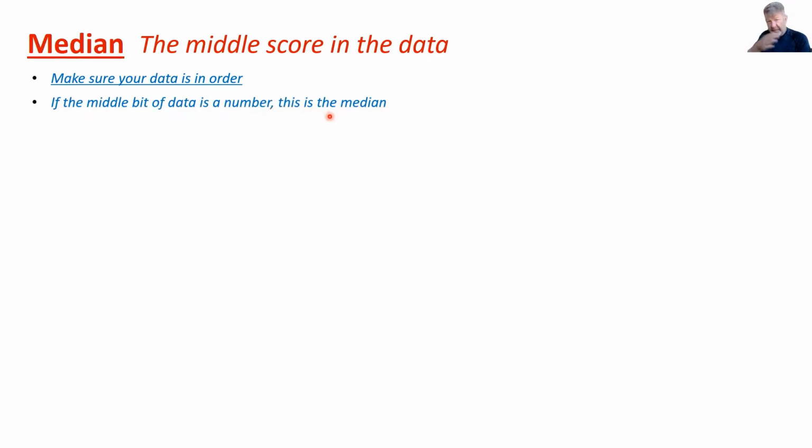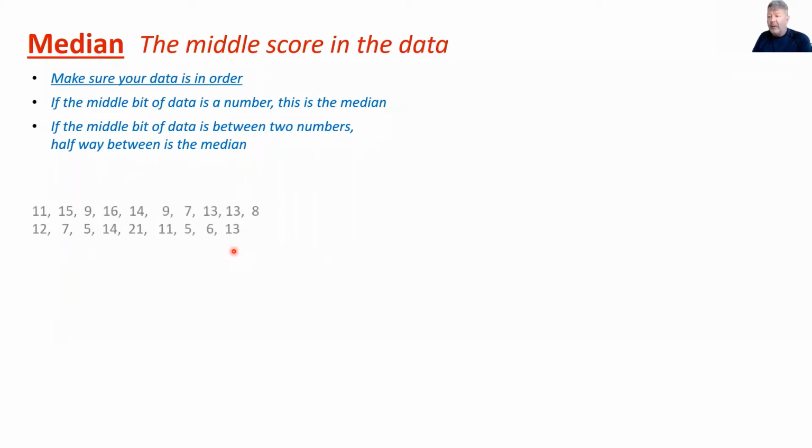So you list all your data in order and work your way through it, find the middle. If it lands on a number, that number is the median. If, however, the middle bit of data is between two numbers, so let's say it's between 16 and 18, halfway between is the median. So halfway between 16 and 18, of course, is 17.